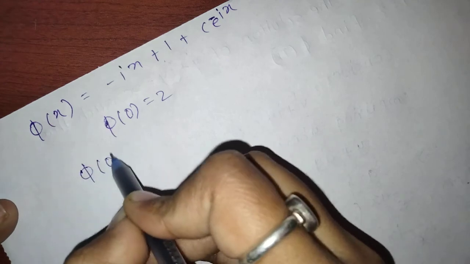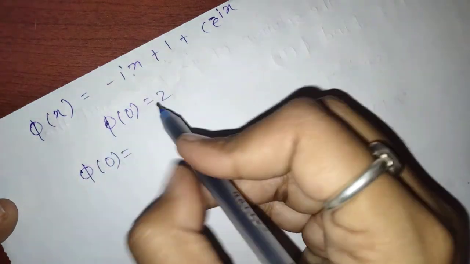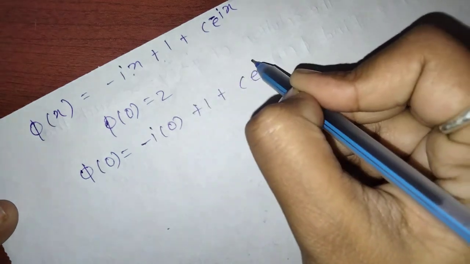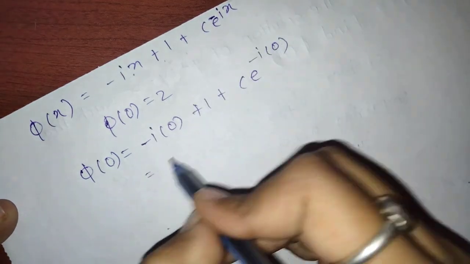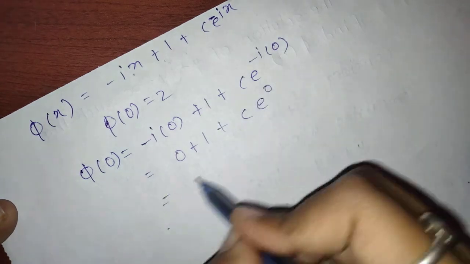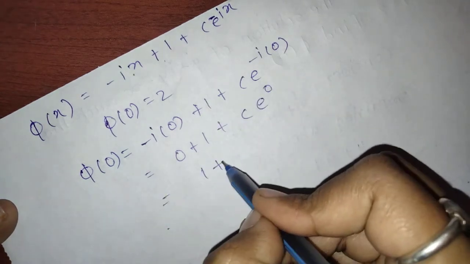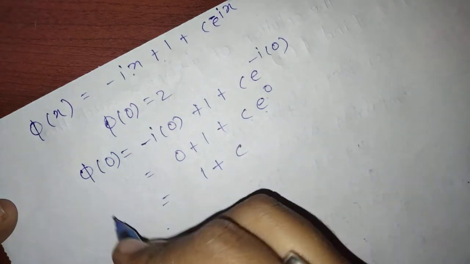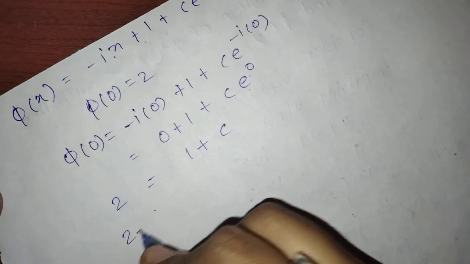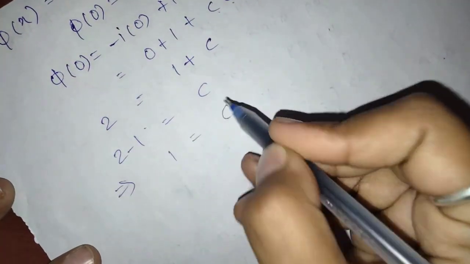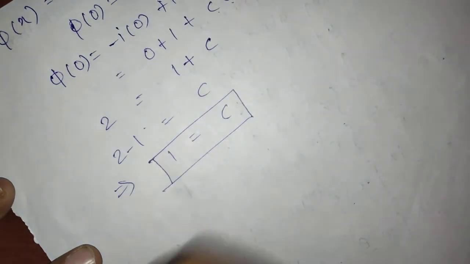So phi of 0 is equal to, replacing x is equal to 0, minus i into 0 plus 1 plus c into e raised to 0, which is 1 plus c. Phi of 0 is 2, so 2 minus 1 is equal to c, which implies 1 is equal to c. So the value of c is equal to 1.